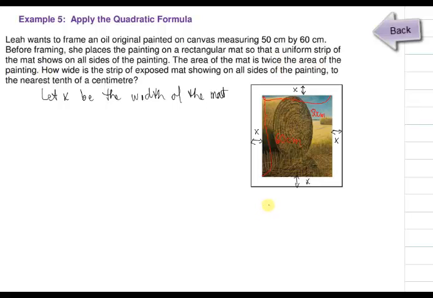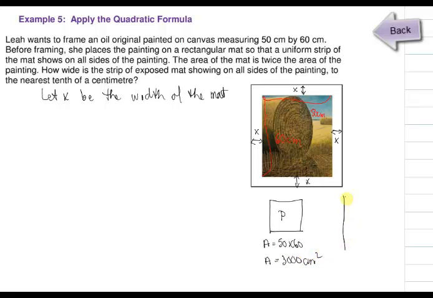So I'm just going to draw some little pictures here. This one here is going to be the painting. And the area for our painting is length times width, so in this case 50 by 60, which is 3,000, and in this case centimeters squared.